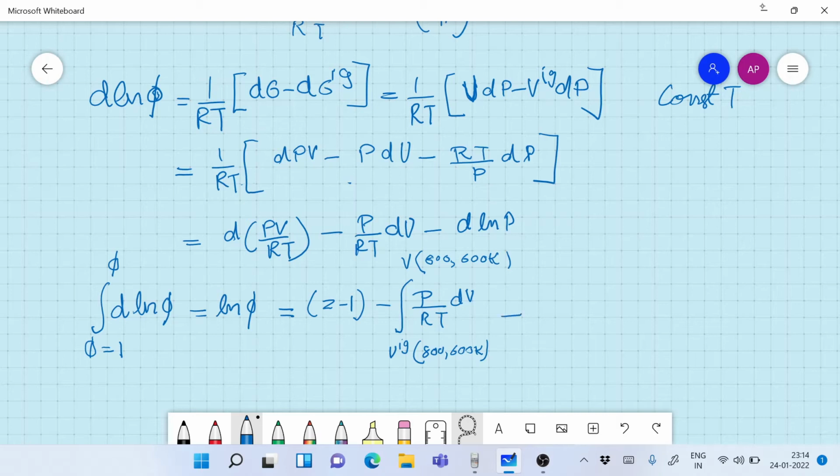Simple. Minus integral. Now the lower limit of the pressure is also 800 and the upper limit is also 800. So the last term is going to be 0.